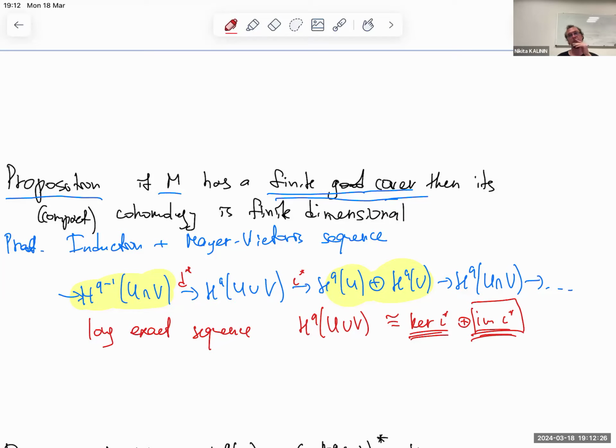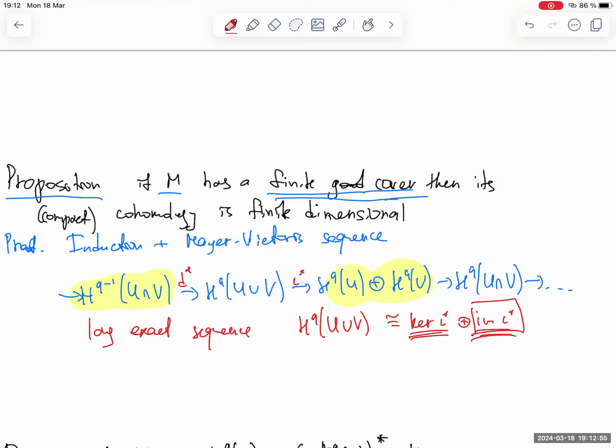Yeah, sure, because kernel, no, wait. No, kernel is also an image, but it's an image of D because of the exactness. No, wait. Somehow I became lost. So it was obvious, but now it's not obvious.